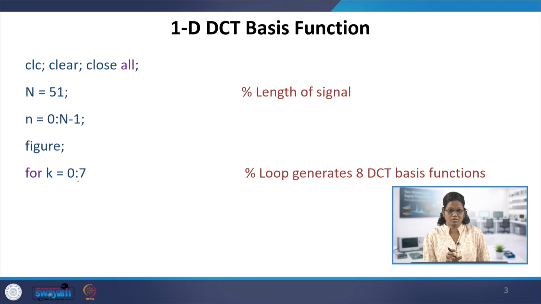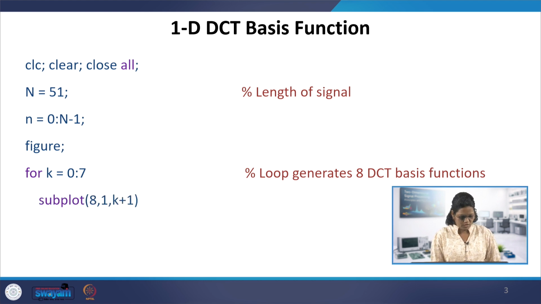The bin indices here have the same meaning as DFT bin indices, where k varies from 0 to N minus 1. So we have taken 0 to 7 to generate the basis functions: 0, 1, 2, 3, 4, 5, 6, 7. Different bin indices indicate different DCT coefficients. The subplot is used to generate these plots, so totally 8 plots for 0 to 7.